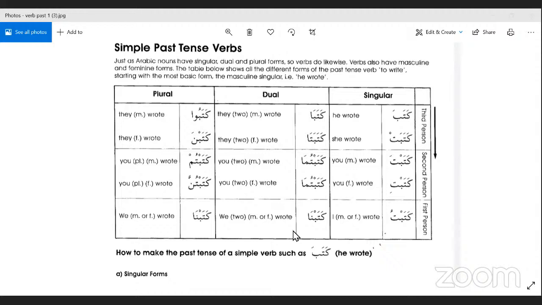Katabna, they female wrote. So if I replace that with daraba, he hit would be daraba, he singular. Dual would be daraba, two masculine hit. Correct.